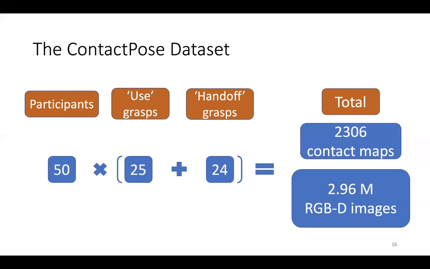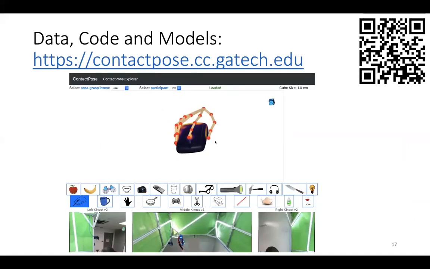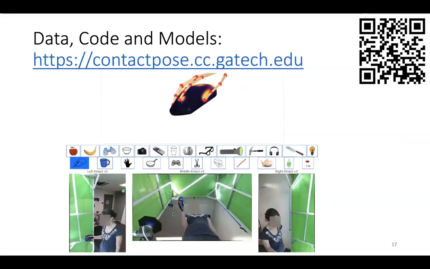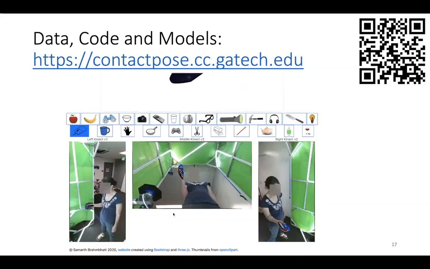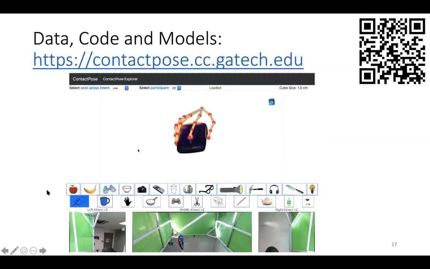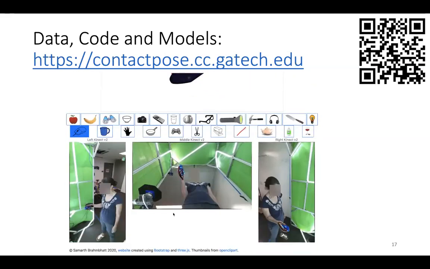These are details about the ContactPose dataset, and you can go to the website, contactpose.cc.gatech.edu, where there's an interactive tool you can use to explore the entire dataset. You can see the contact map, the hand joints, and also the grasp images.